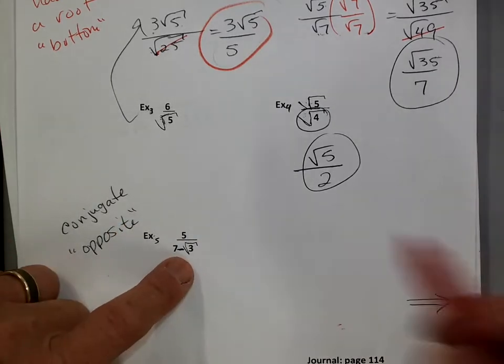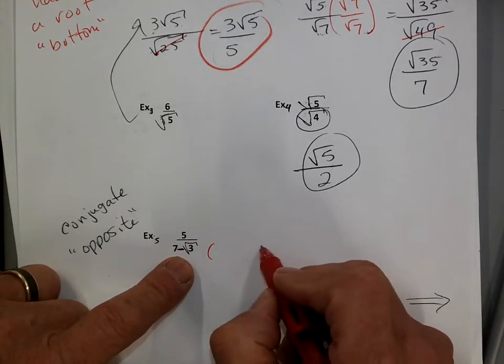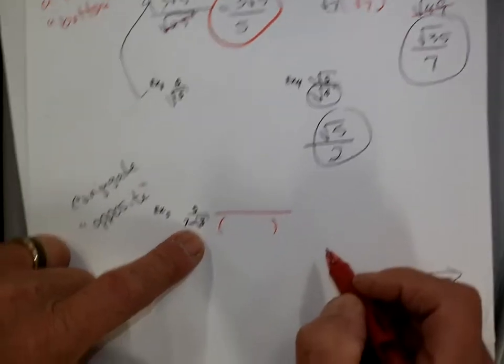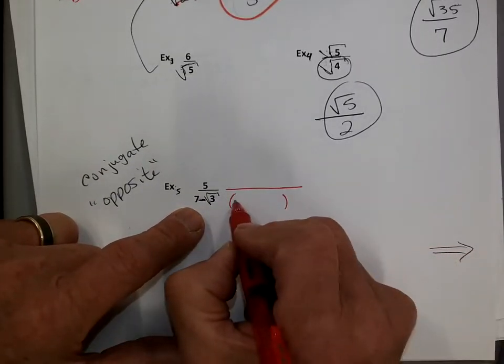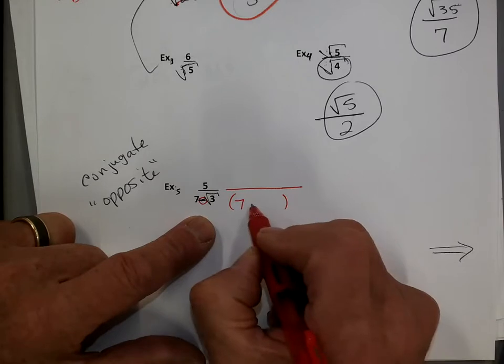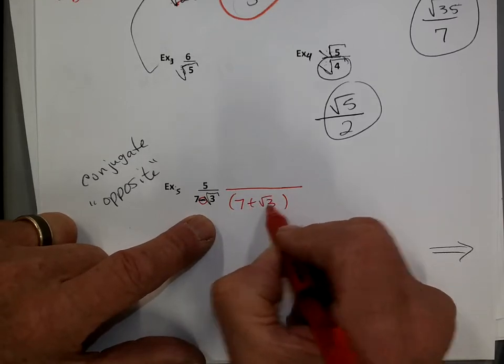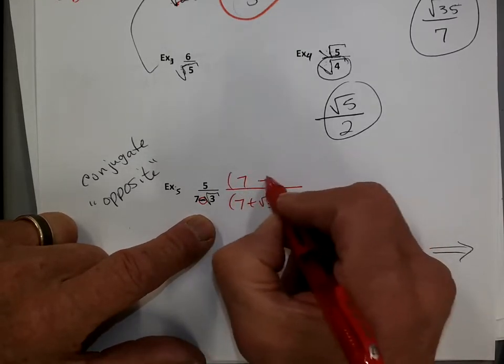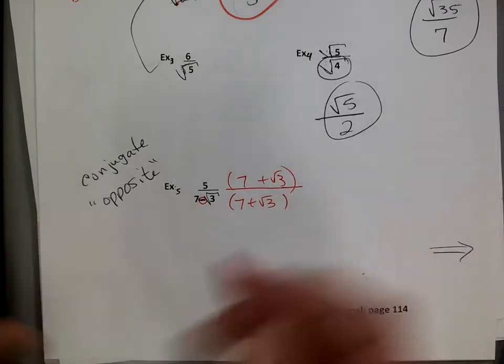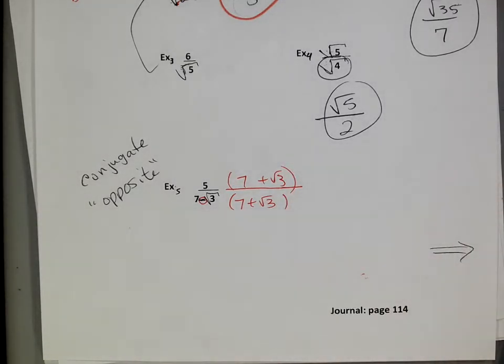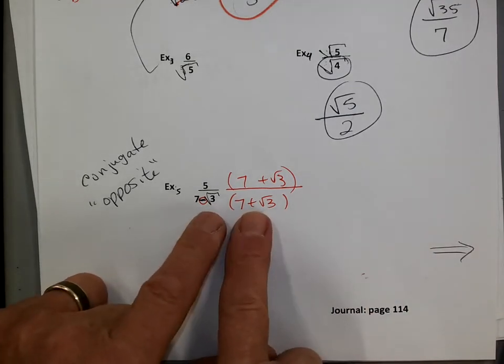You're going to multiply top and bottom by 7 plus the square root of 3. That's the conjugate. It's a plus minus thing.